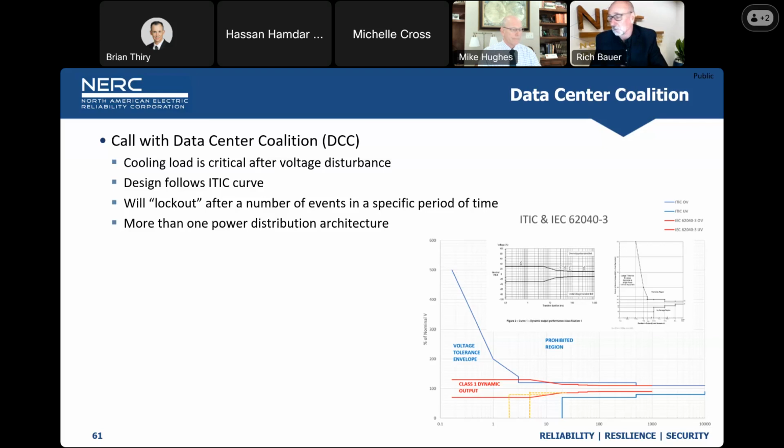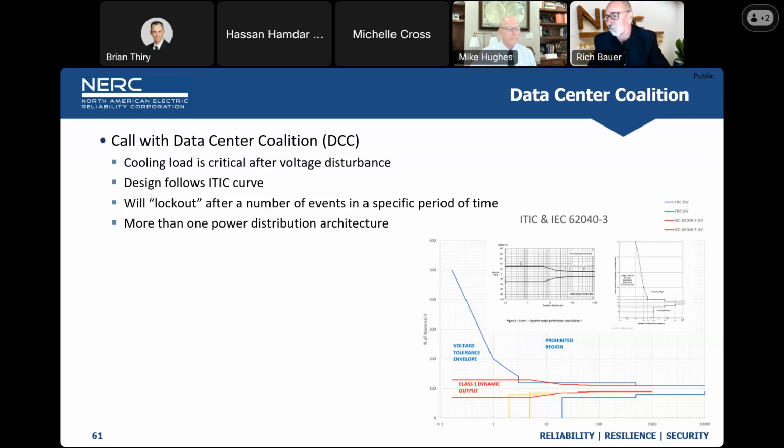The way I try to describe it is it's very similar to what EEI, Edison Electric Institute, is to the investor-owned utilities, except it's for the data center owners. The real value we got out of that is that in conversation with the Data Center Coalition, we were able to get in contact with the actual electrical engineers that design and operate these data centers for the big data center guys.